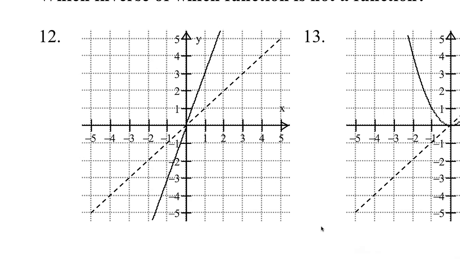What I like to do is find some representative points, some points I can tell exactly where they are. So here's some points on this line that I can tell exactly where they are. And remember, for an inverse, we're going to take that ordered pair, so this (1, 3), and we're going to swap the x and y. So that would be (3, 1). (0, 0) is swapped to be (0, 0) again, and (-1, -3) is swapped to be (-3, -1).